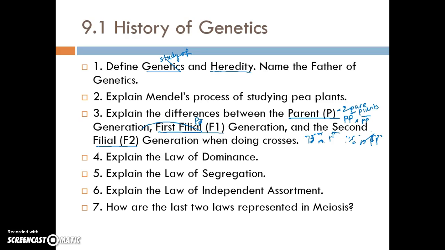Okay, so this 3 to 1 ratio he found, and that white trait that was missing in the first filial generation showed up in the second generation.